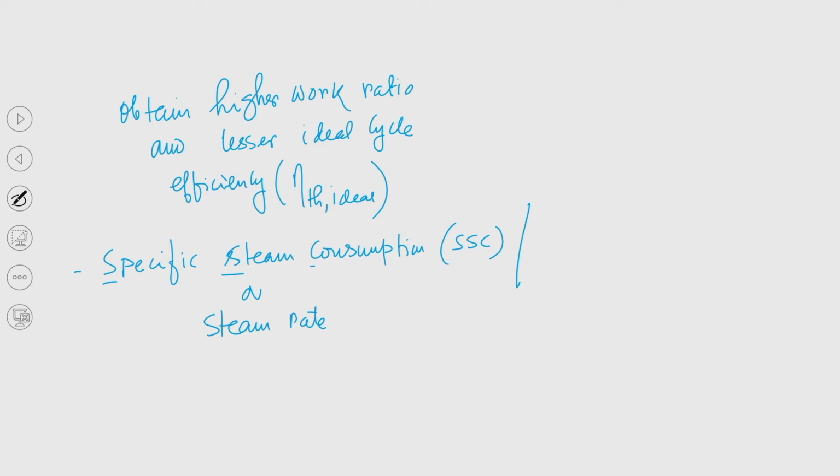What is this? This specific steam consumption, what is the definition, because we should understand the definition, right. This is nothing but mass flow rate of steam per unit, that is kilowatt hour, power developed.